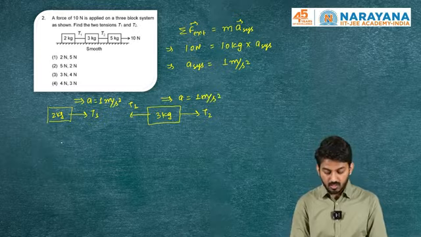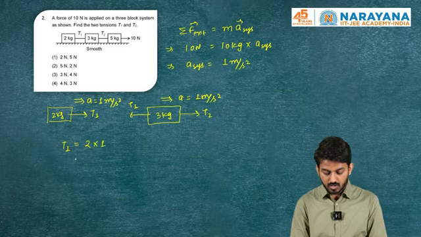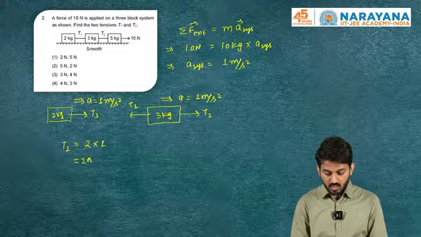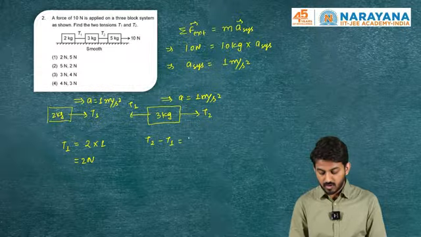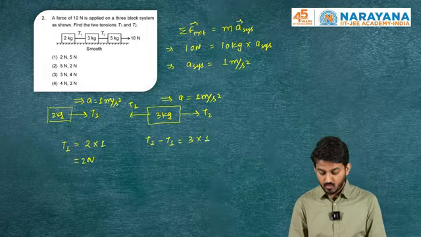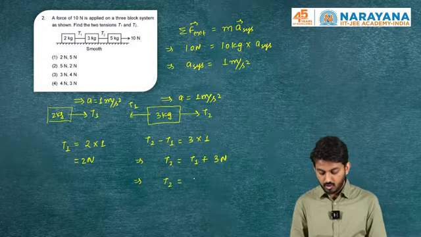So from this you can see T1 is equal to m, which is 2, into acceleration 1. That gives us 2 Newton, and T2 minus T1 is equal to mass, which is 3, into acceleration 1, giving us T2 is equal to T1 plus 3 Newton, and thus T2 being equal to 5 Newton.